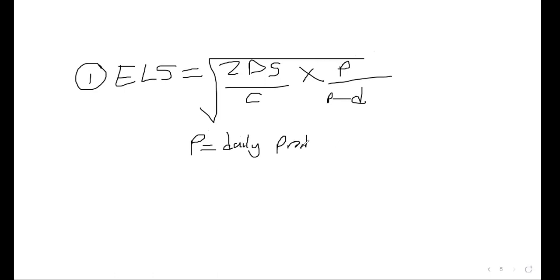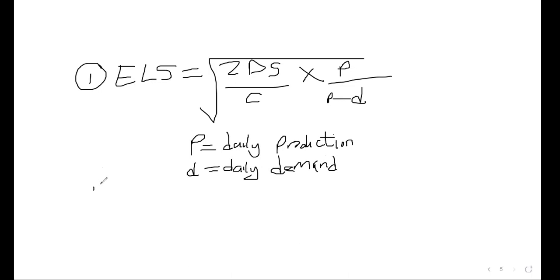Then the other one is daily demand. So if the days are given, then you can find the daily demand and the daily production. So this is daily demand.